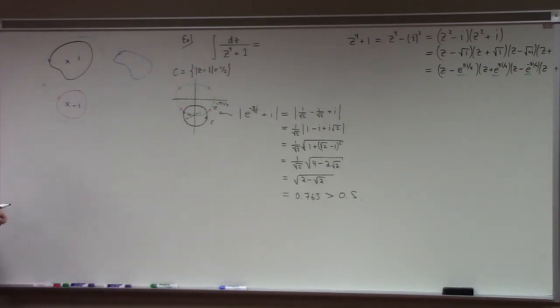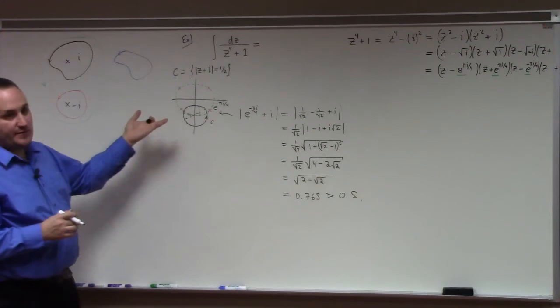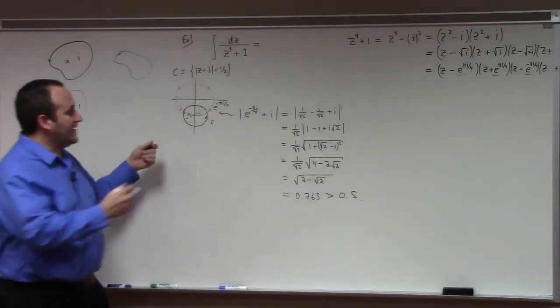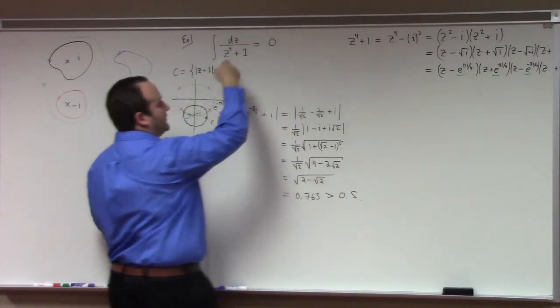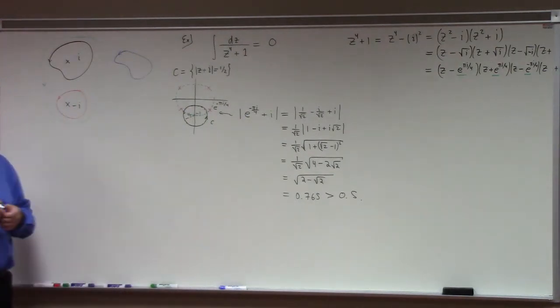Use a calculator. So what we have now shown is that, in fact, this is equal to 0 because 1 over z to the 4th plus 1 is, in fact, holomorphic on that circle.